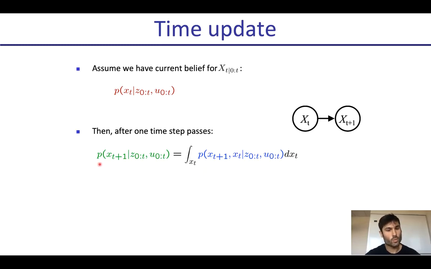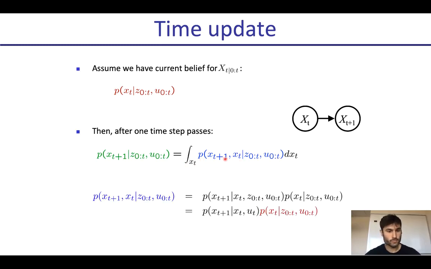We can write this down as marginalizing the joint of x_{t+1} and x_t. Essentially, to this joint we can apply the Bayes rule, and write it as the probability of x_{t+1} given x_t and all the measurements and all the actions, times the probability of x_t given, again, all the measurements and all the actions that we have here.